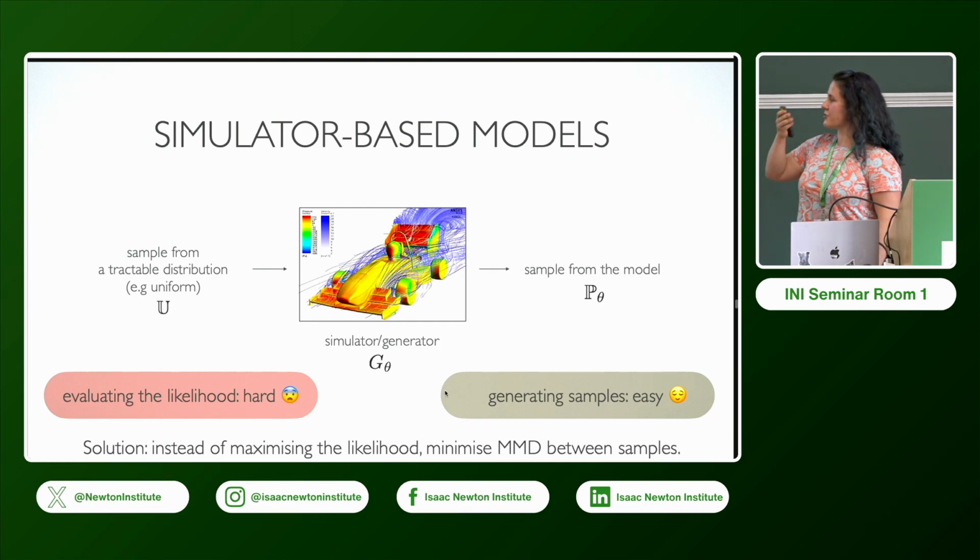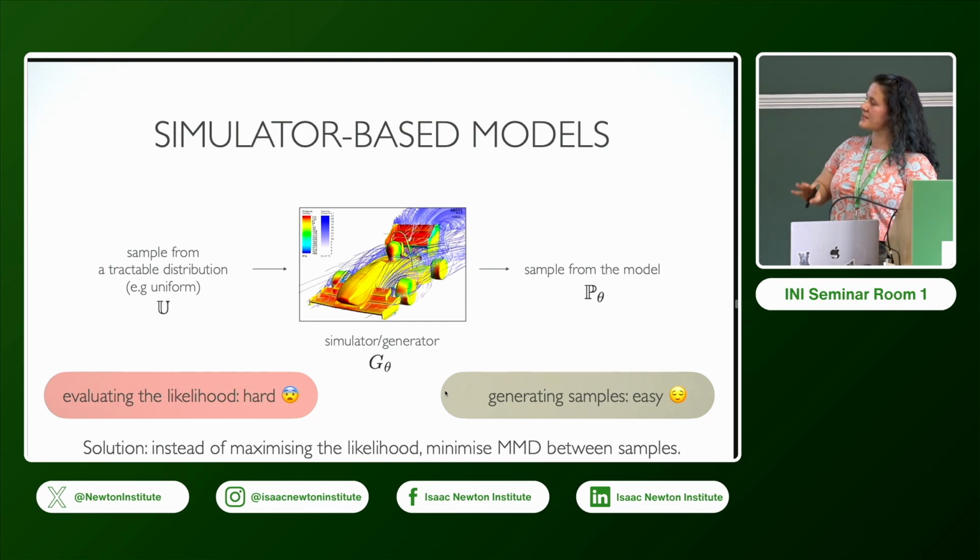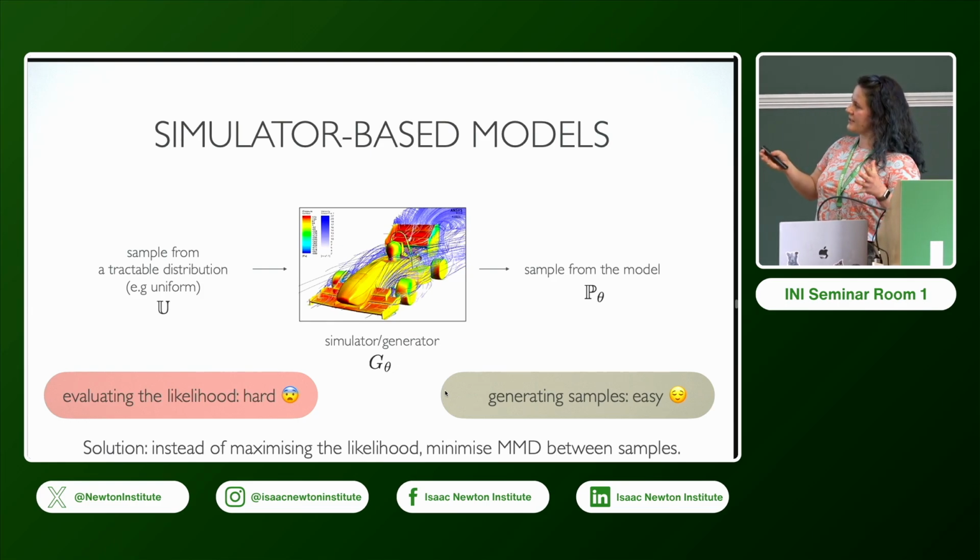A solution that exists in the space is rather simplistic, but it is useful for visualizing the usefulness of BQ: instead of maximizing likelihood, we can minimize MMD between samples and use this notion to conduct either parameter estimation or approximate Bayesian inference over this model.